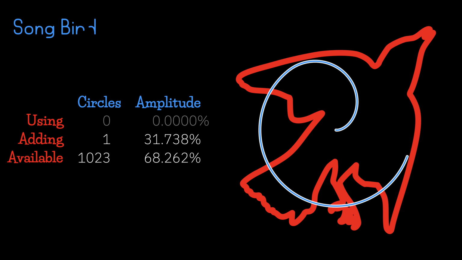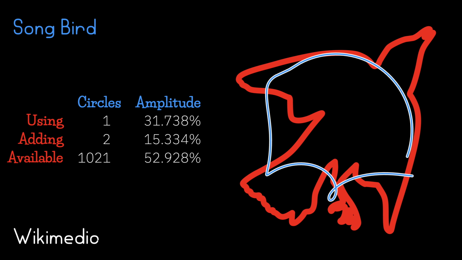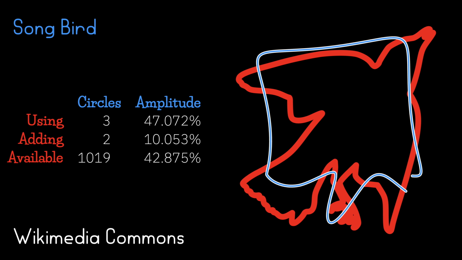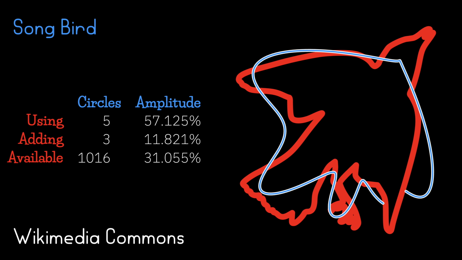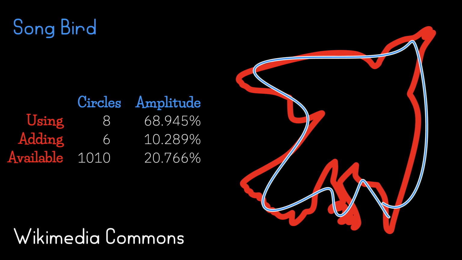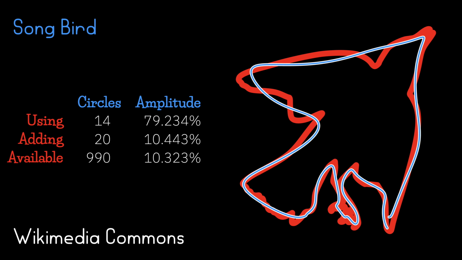The songbird has an unusual start. You have this almost perfect square with that one little loop thing in it. Then, of course, it quickly starts tracing the outline of the actual bird. This was a twofer.